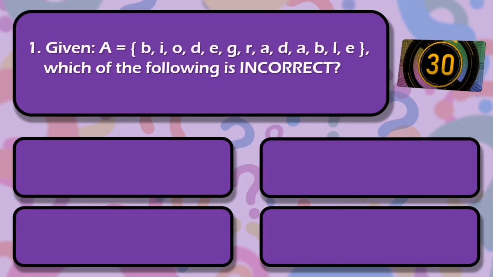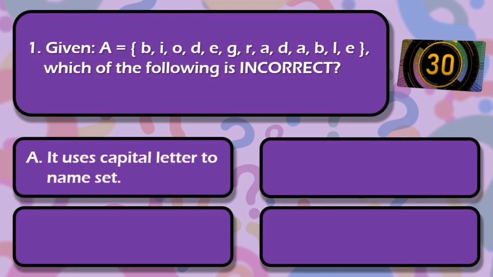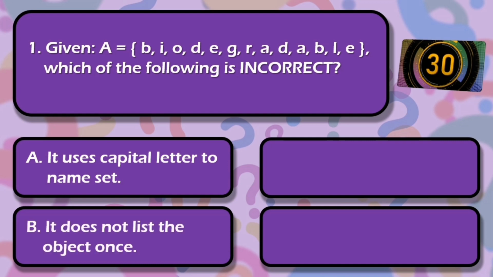Given set A with the elements B, I, O, D, E, G, R, A, D, A, B, L, E. Which of the following is incorrect? A. It uses capital letter to name set. B. It does not list the object once. C. It uses braces.